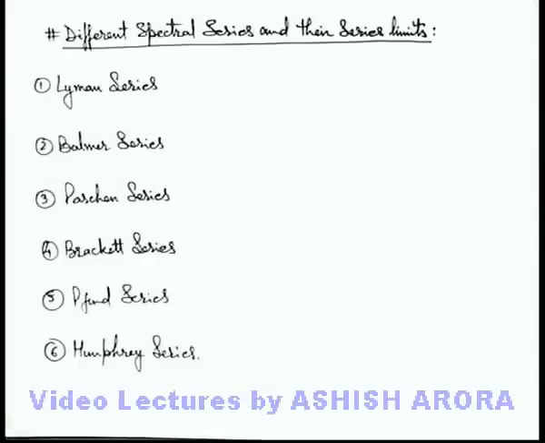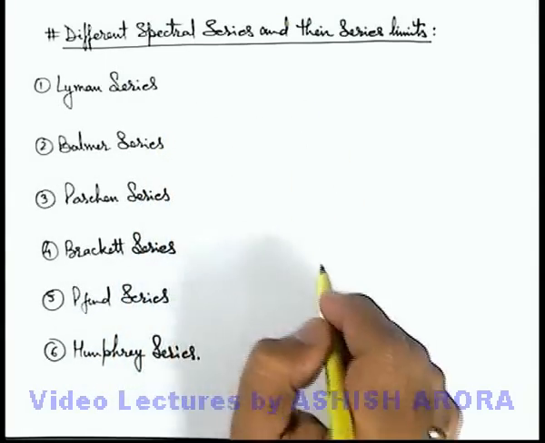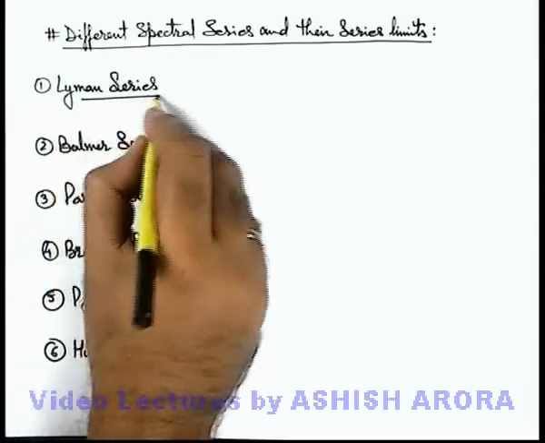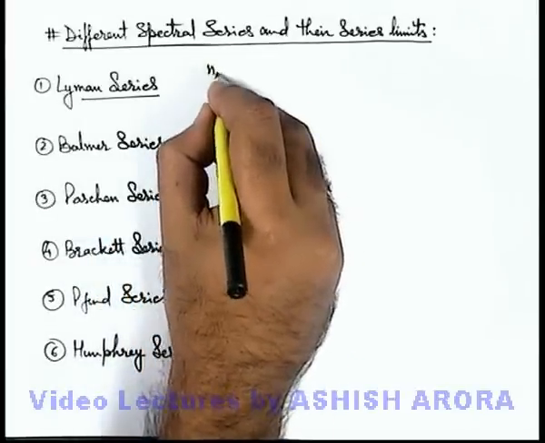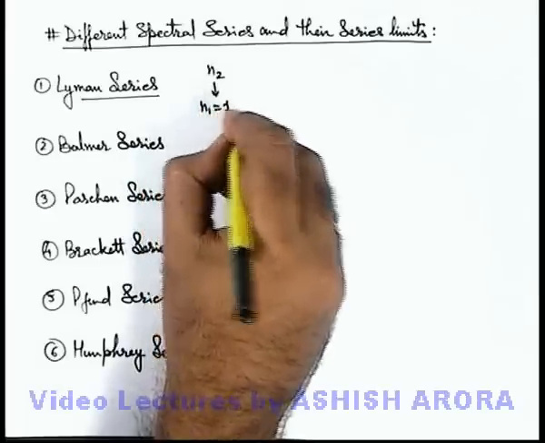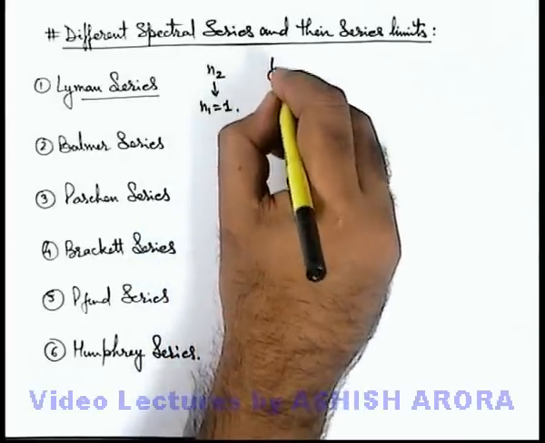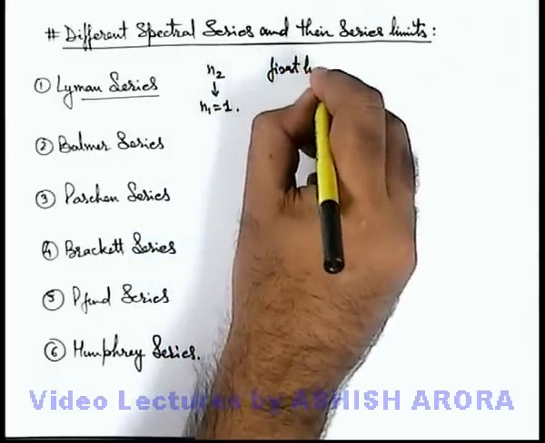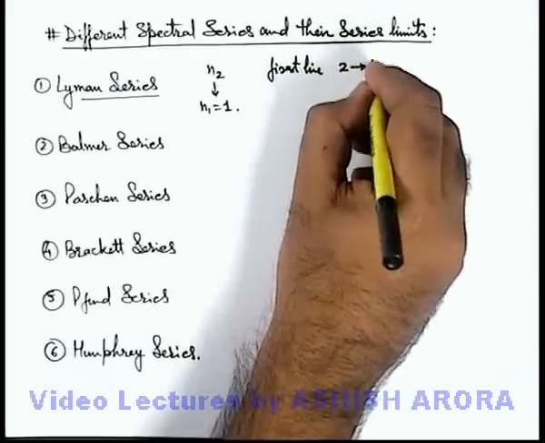Let's continue our discussion on different spectral series and their series limit. We have just now studied that the Lyman series is obtained whenever an electron transits from any higher orbit n2 to n1 equals 1. And in this situation, the first line of the Lyman series corresponds to the transition from 2 to 1.